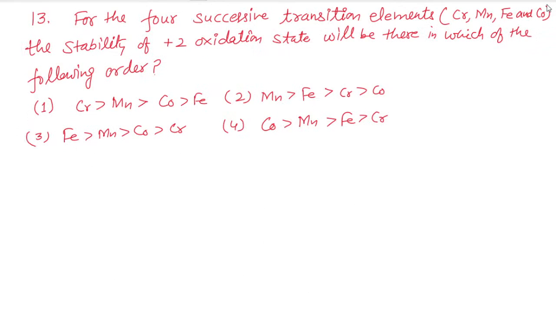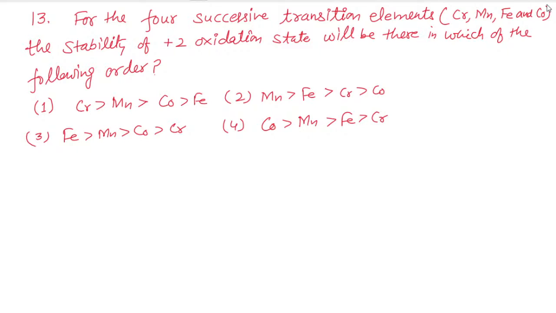Now question number 13. For the 4 successive transition elements chromium, manganese, iron, cobalt, the stability of the +2 oxidation state will be in which of the following order? This one is the toughest question, keep in mind.